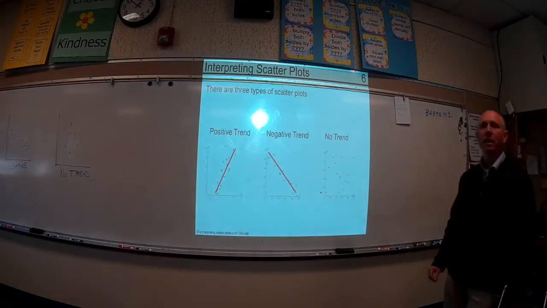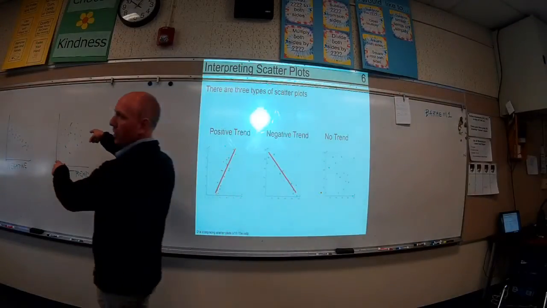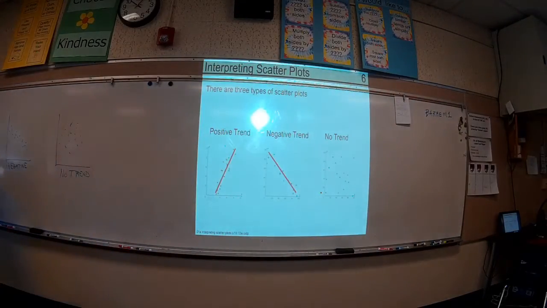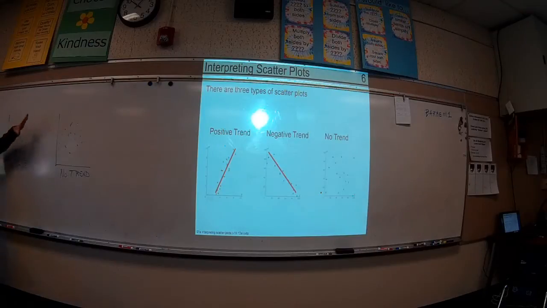There are three things that can happen with the scatter plot. I have them over here. You can put these on your notes. A positive trend, which is a positive line. A negative trend, which would be a negative line. And a no trend, which is just a bunch of points. Can you get that into your notes, please?